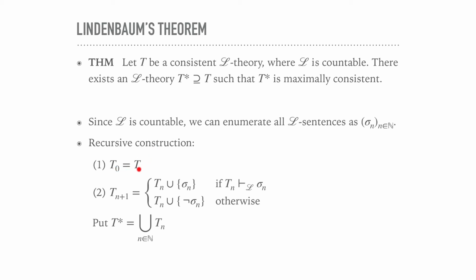We start with T, and then in each step, we throw in for the sentence sigma n or its negation, depending on what T n can prove. So if T n proves sigma n, so in particular if sigma n is already in T n, we just throw it in. If it does not prove sigma n, we throw in the negation. And then in the final step, we'll just throw everything into one big set T star.